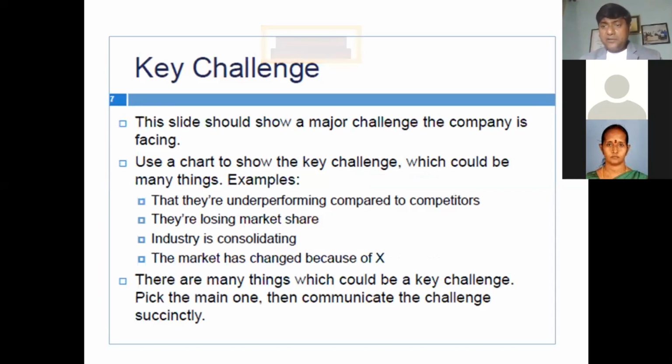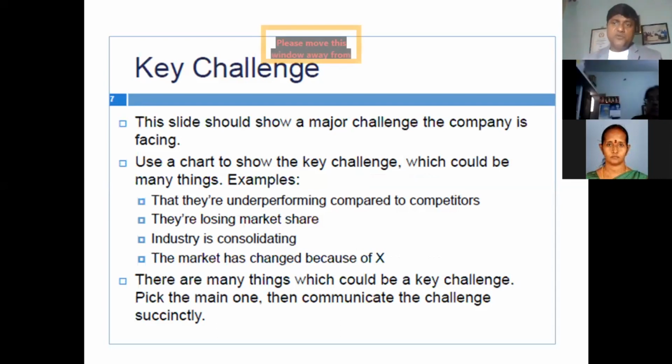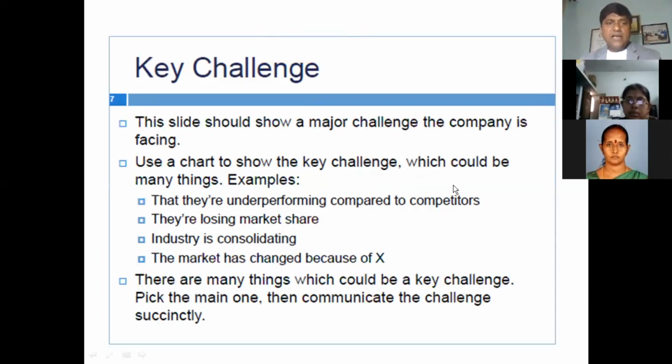We need to do the micro analysis and the macro analysis of the environment, right? To have a feeling of the situation. I think that's very important. The key challenge area. Right? There is scope for using charts, diagrams and pie charts in a case study analysis.